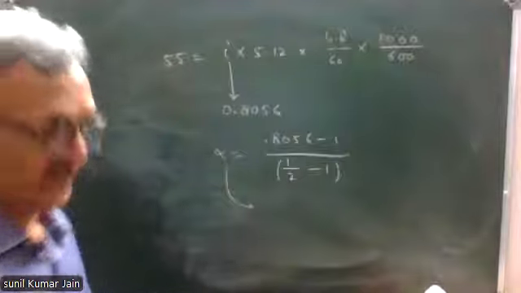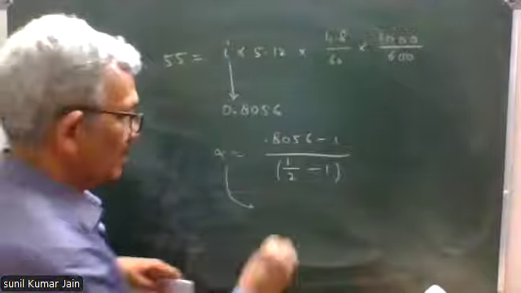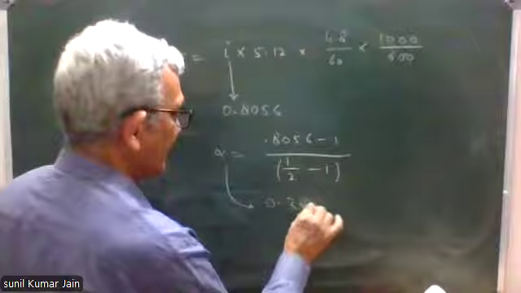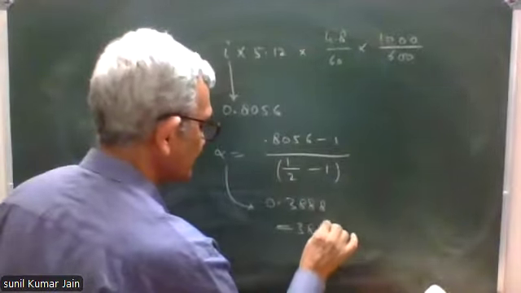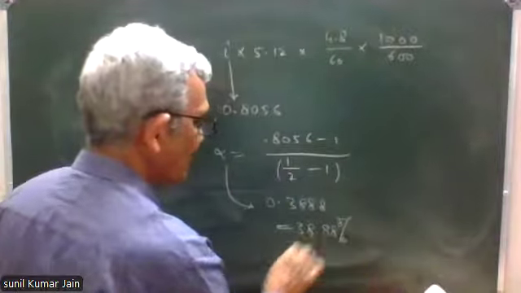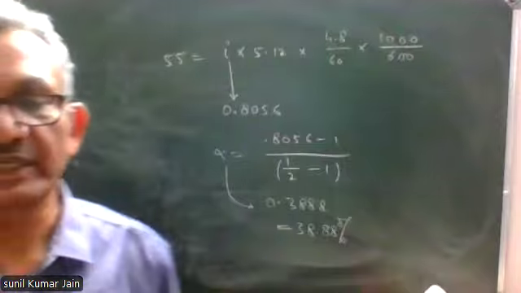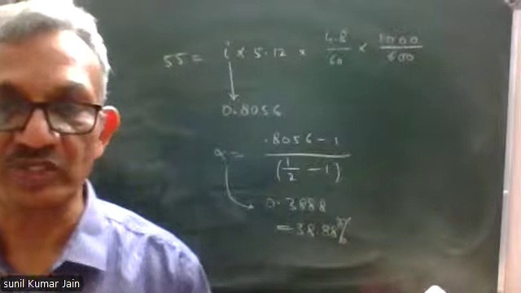So when you calculate, alpha will come out to 0.3888. So the association will be 38.88%.